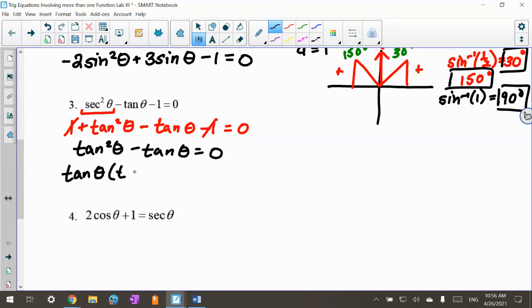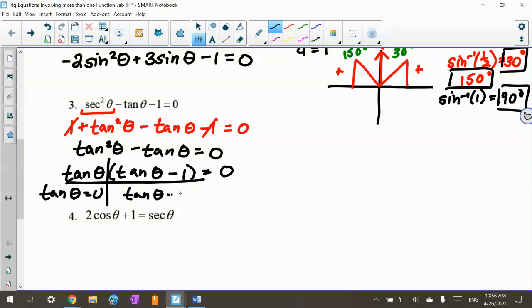When I do, I have tan theta minus 1 equals 0. Make your big T. I have tan theta equals 0, and tan theta minus 1 equals 0. So I have 2 equations. Tan theta equals 0, okay? And then I have tan theta equals 1. Those are our 2 things.